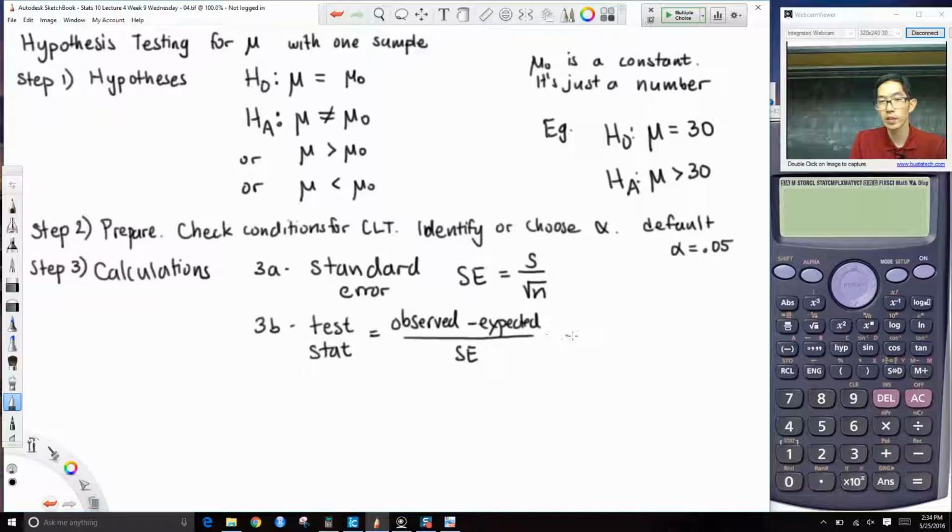So in this case, our test statistic will take on the letter t, and our observed is x bar. If the null hypothesis were true, we would expect to get mu 0, and we divide this by our standard error.